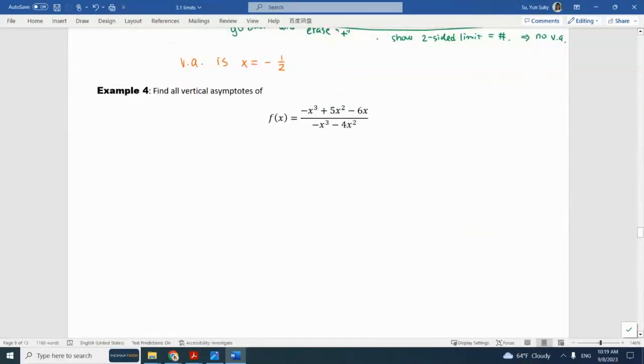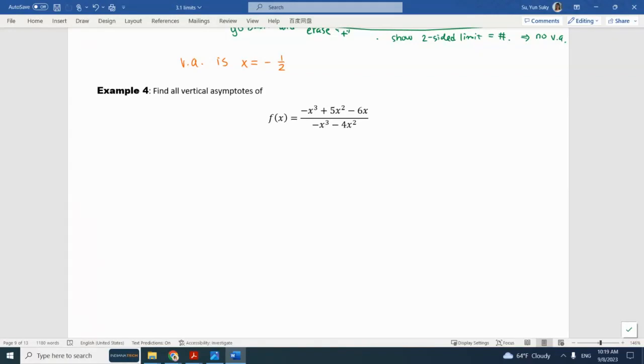Example 4. Find the vertical asymptote of this. The first step, we factor, right? Can you find a common factor of the numerator? What's the common factor? -x.